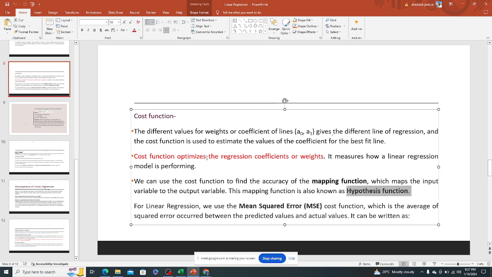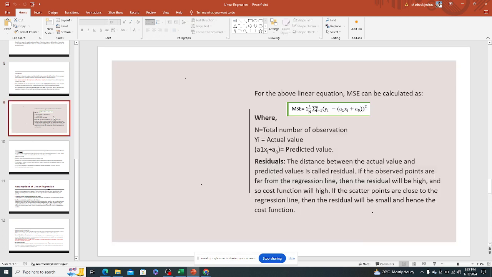Okay, so for linear regression, we use the mean squared error cost function. This is the most commonly used cost function when it comes to linear regression, which is the average of the squared error between the predicted values and the actual values, and it is given by this formula.